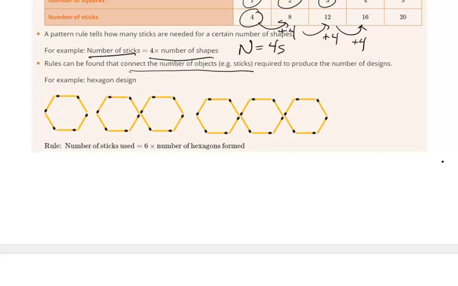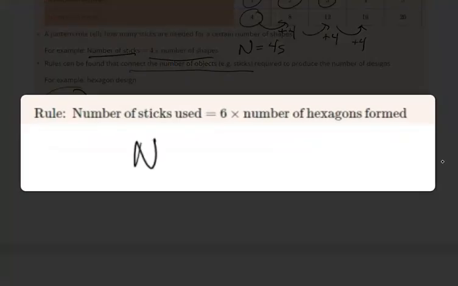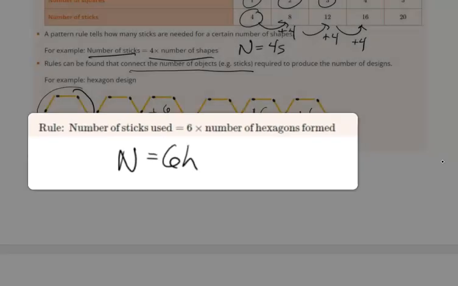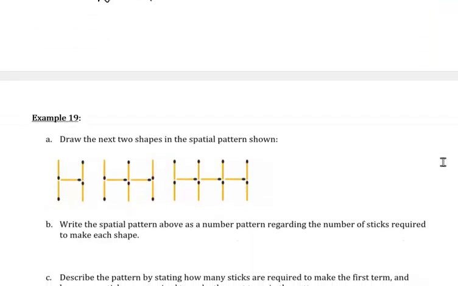Here again, a hexagon has 6, and we add 6 each time. Multiplication is multiple addition. So the number of sticks used equals 6 times the number of hexagons, and that allows us to work that out without having to draw out all the hexagons.